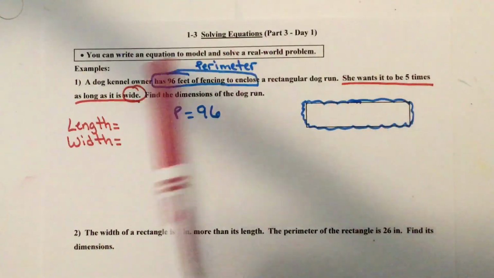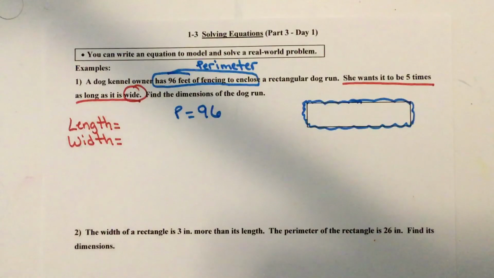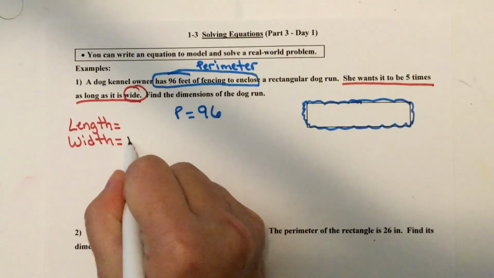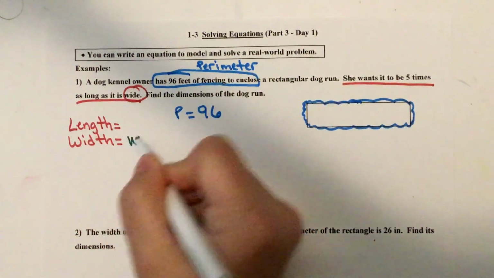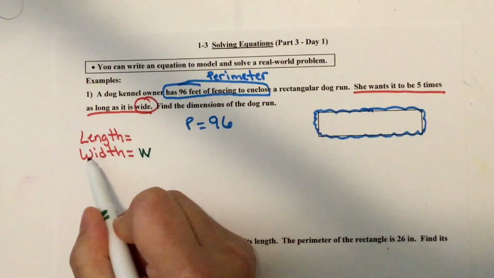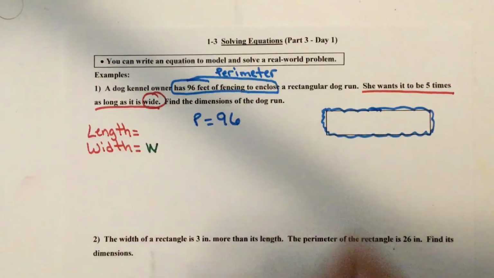So I know the length is supposed to be 5 times as much. So I have a description on the length, but not a description on the width. So whatever is not described is going to be our single variable. So since width is not described, I'm going to let it just be W. And I could let it be X if I wanted to.